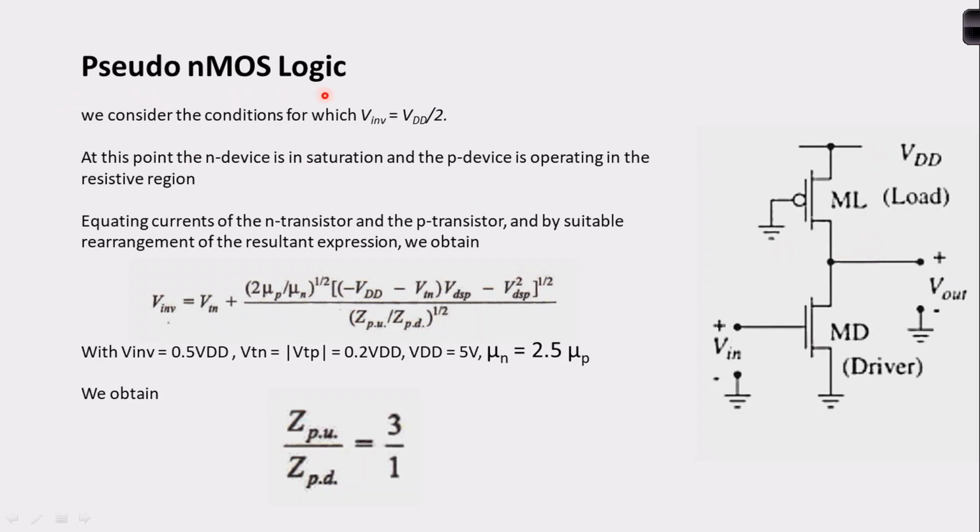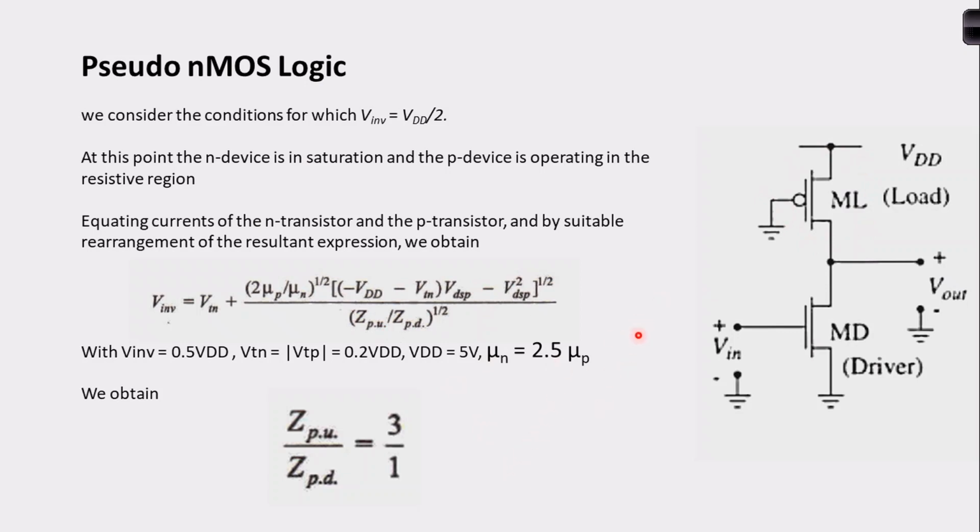Again in pseudo NMOS, even though we have replaced the load with a PMOS transistor, we still calculate this ratio logic. So what is the difference? The only difference between both designs is the resistance offered by the PMOS compared to my depletion mode NMOS; they are different.